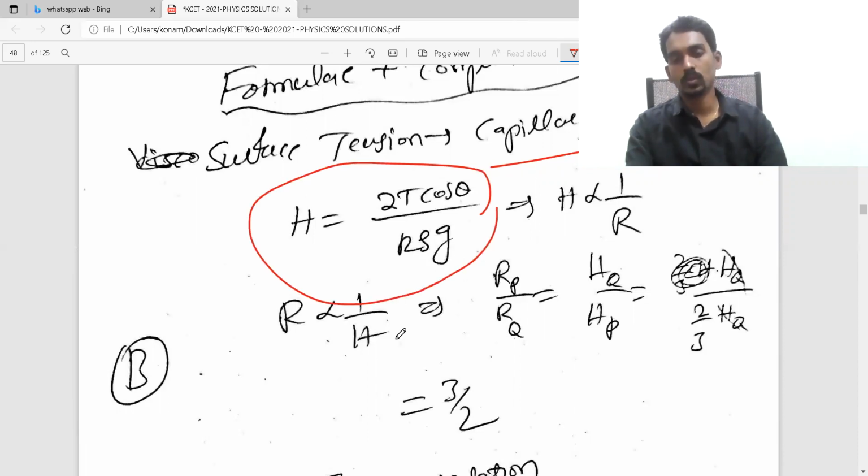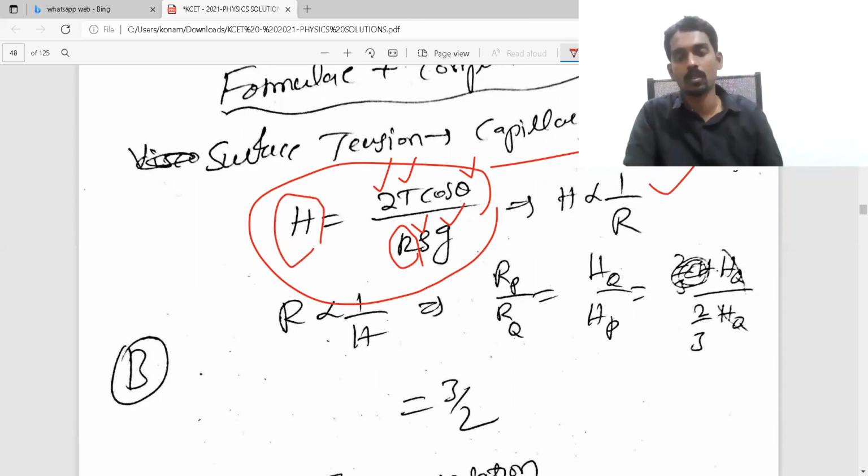But here they are taking two tubes, both dipped in the same liquid. So T is the same, theta is the same, density is the same, g is constant, 2 is constant. So the only variable is radius, so the height also changes. So you have to decide that h is inversely proportional to r.